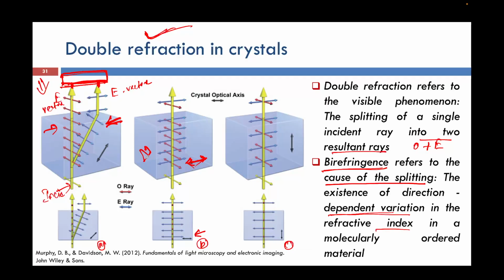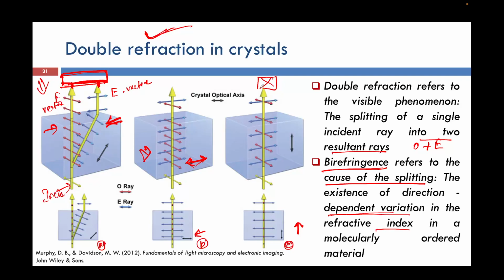But in case number C, what will happen? The crystal optic axis and the incident beam axis are both in the same direction. Since they are in the same direction, even after the split into E ray and O ray, you will not be able to get double refraction here.